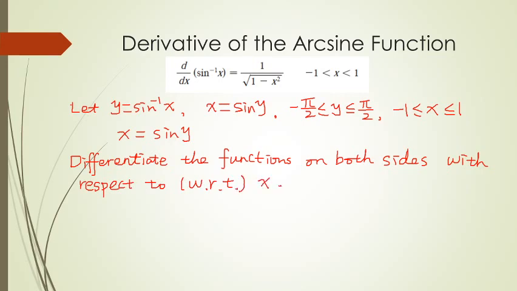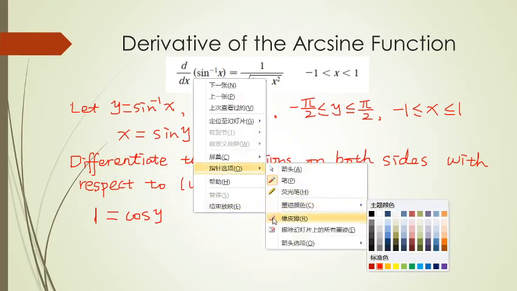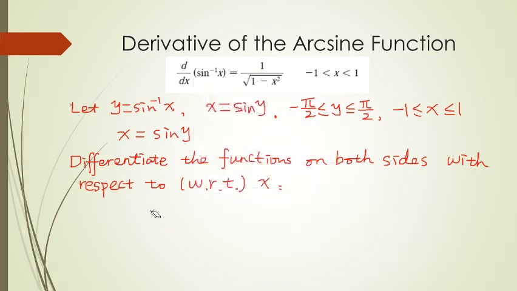Okay, so when we take the derivative of x, of course it's 1, right? When we take the derivative of sine y, then it's cosine y. Let me move a little bit, give more space.